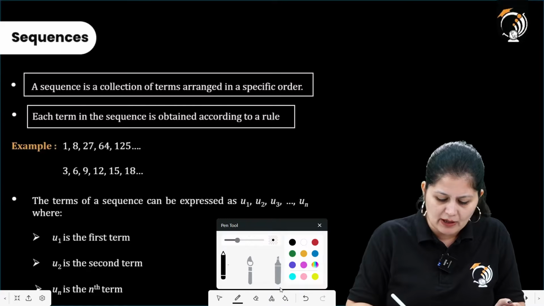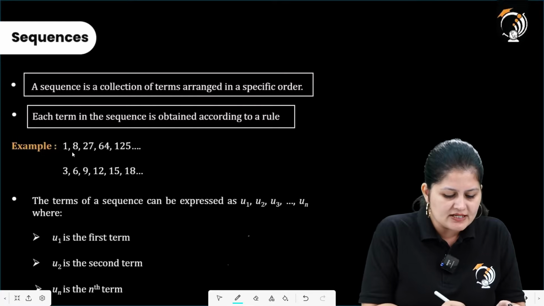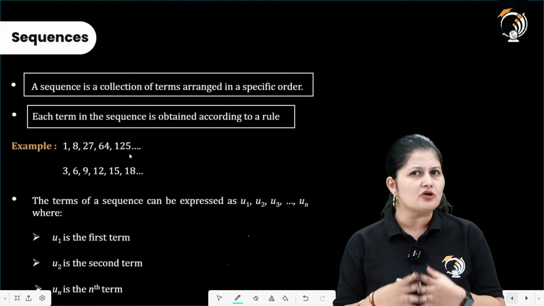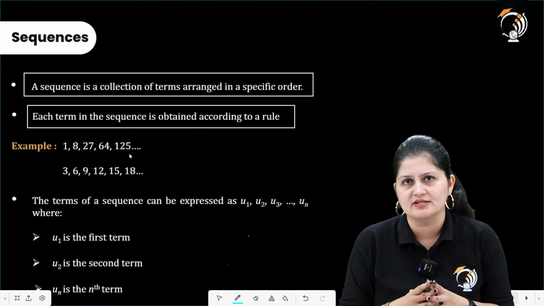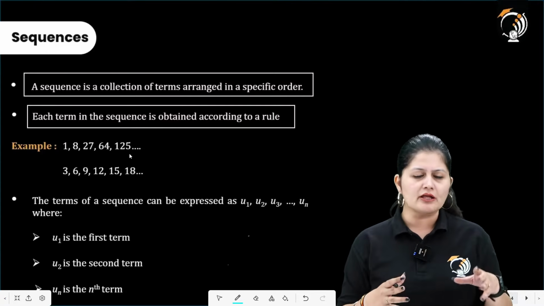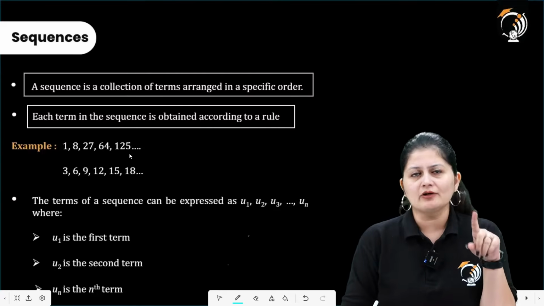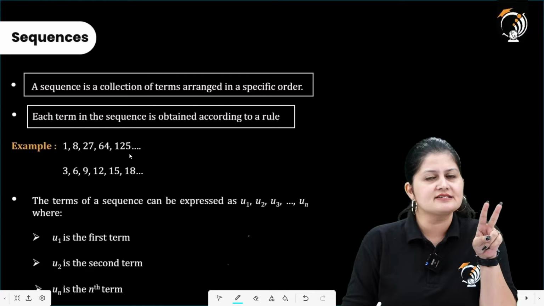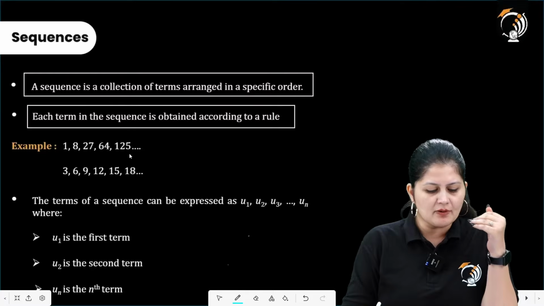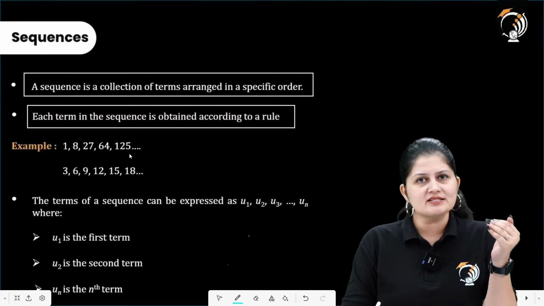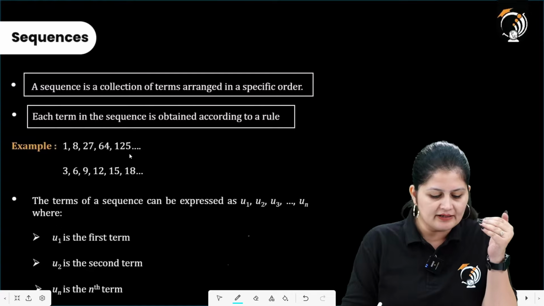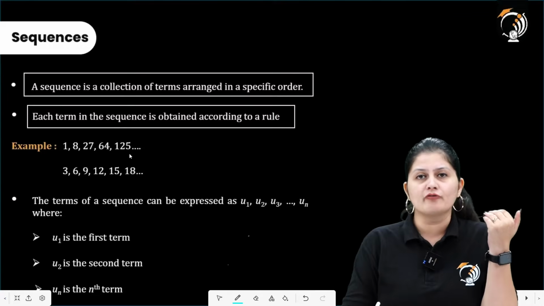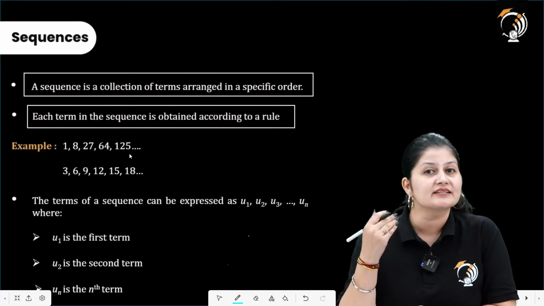Here, if I talk about the examples we have been given, which say 1, 8, 27, 64, 125, can we observe a pattern here? Can we observe a sequence here? The first term is 1. The second term is 8, and what is actually 8? 8 is nothing but the cube of 2. 27, the third term, is the cube of 3. 64 is the cube of 4. 125 is the cube of 5.